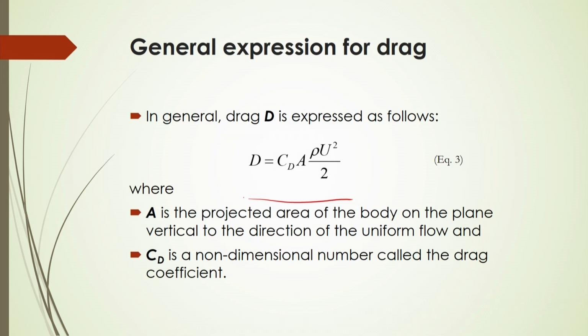So, here we are having this general expression for the drag force in terms of kinetic energy, and it also depends on the surface which is in contact with the fluid, and this area should be considered as the projected area of the body on the plane.